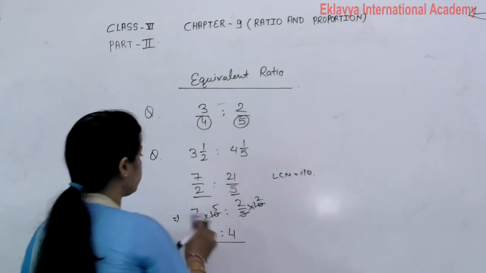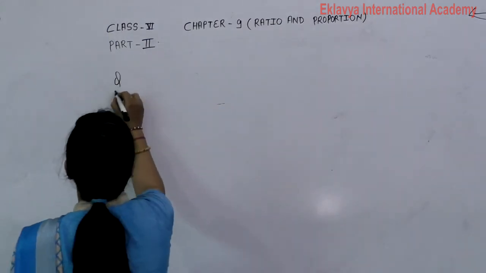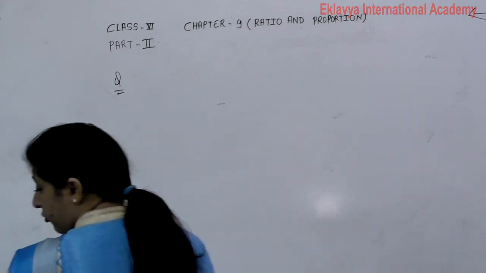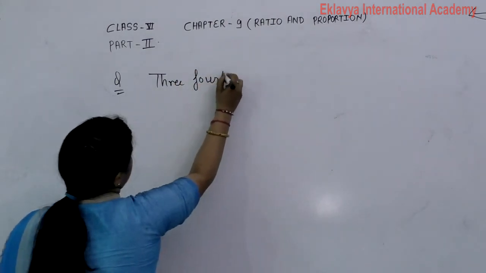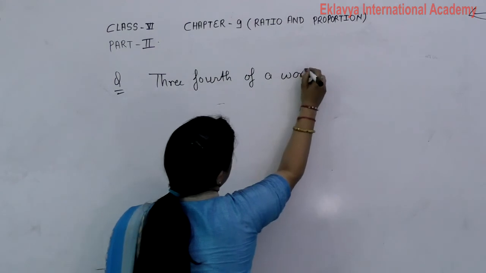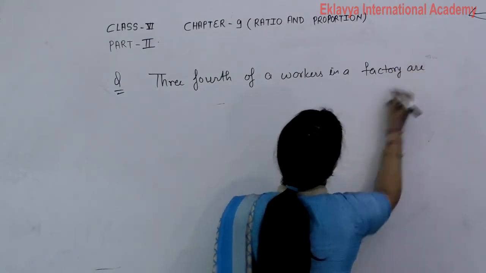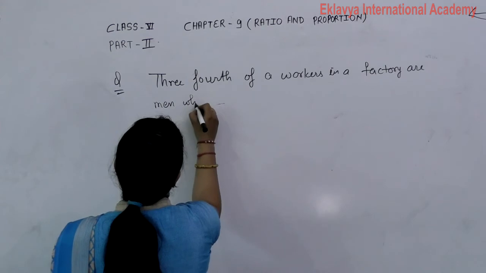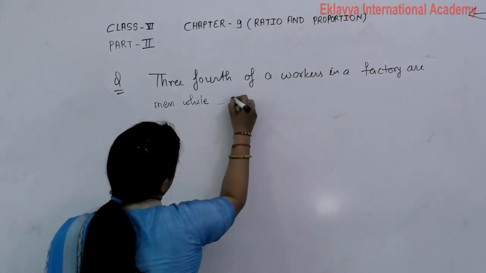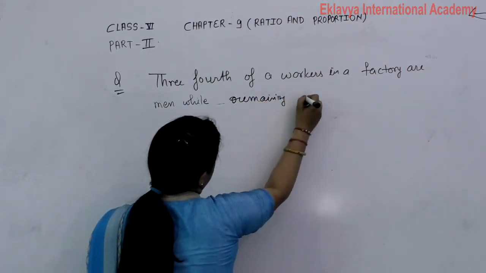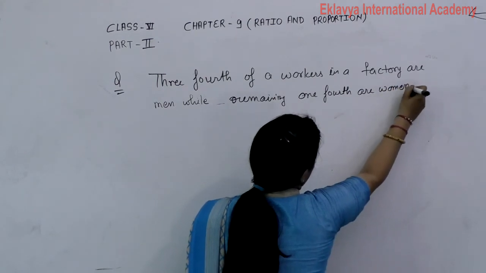Suppose next type of question: 3/4 of the workers in a factory are men, while the remaining 1/4 are women.